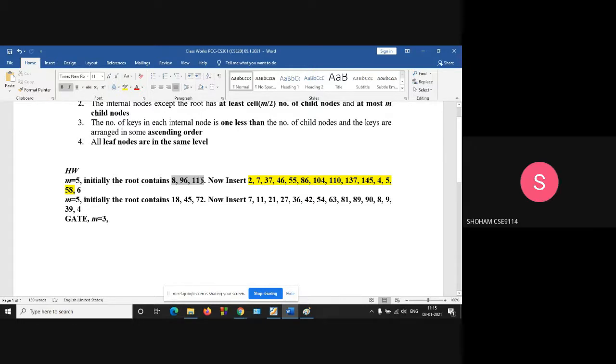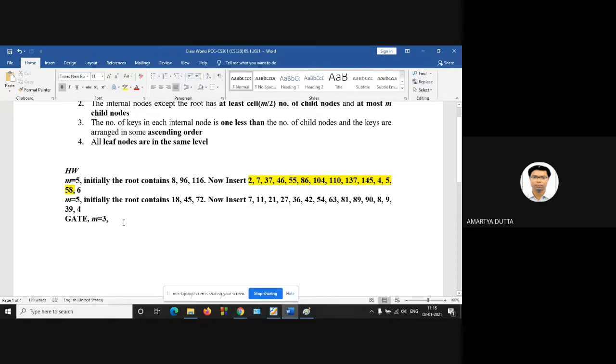Now it is the given constant that your root contains only 3 elements. When you are given that initially the root contains 8, 96, 116, then you have to insert the next elements by its successors only. This is the rule.